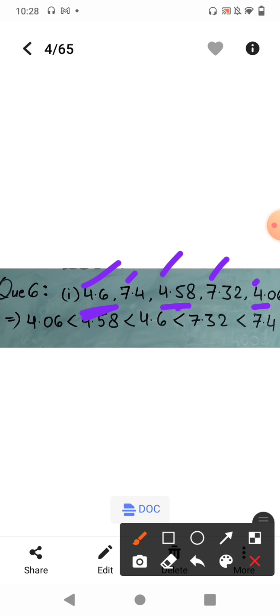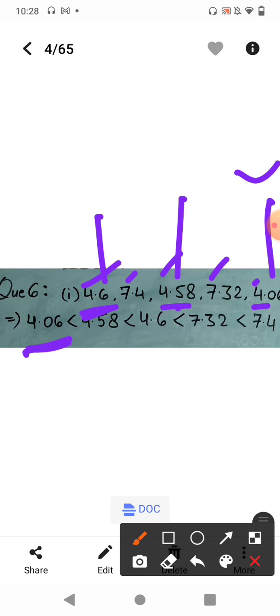Now we'll compare the tenth places. In the tenth place there is 6, there is 5 and there is 0. So the smallest one is 4.06. So we are writing 4.06, the smallest one, first. Then there is 5 in the tenth place, so we'll write 4.58. Then here in the tenth place there is 6, we'll write 4.6.